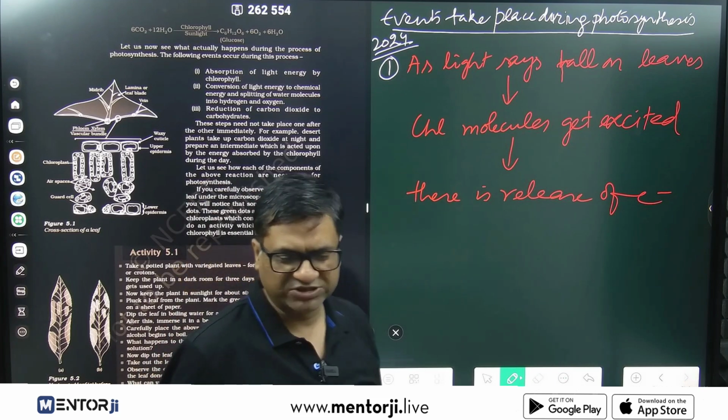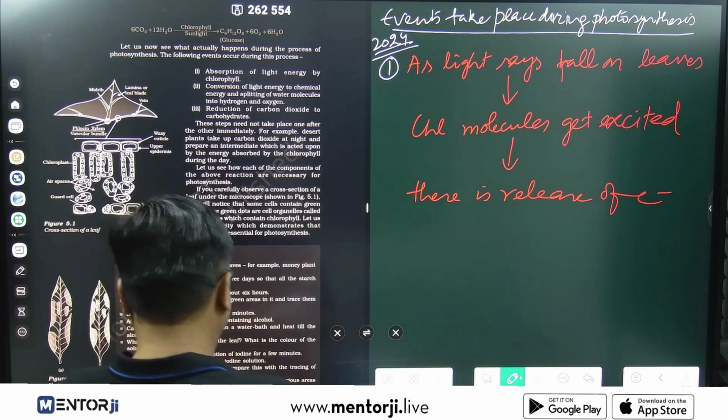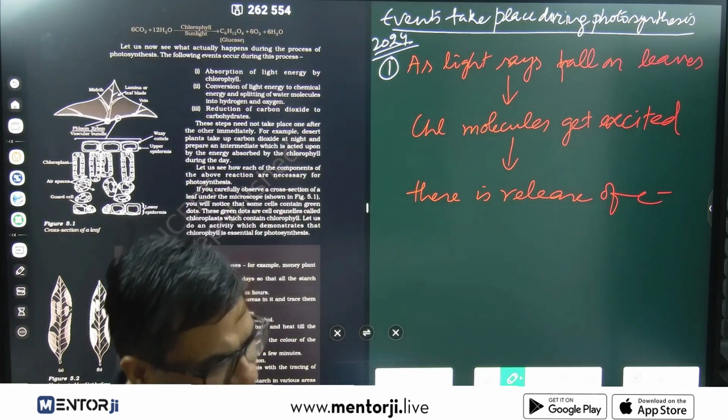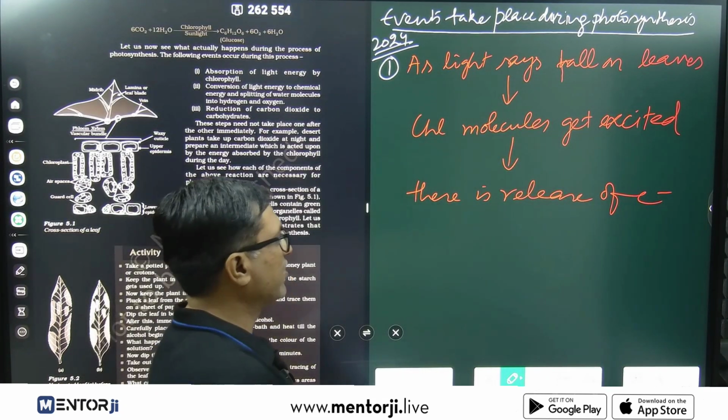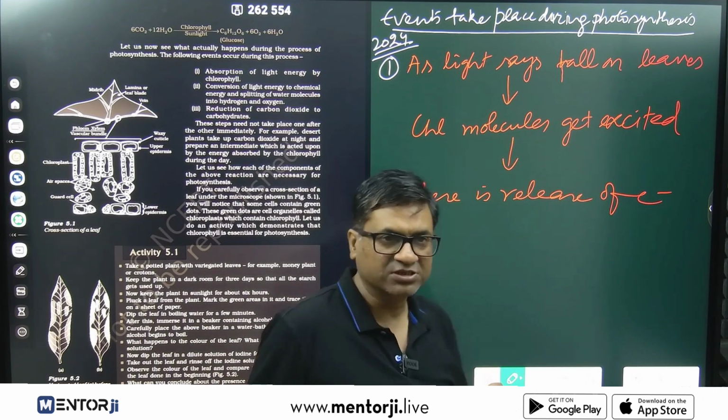So that is the first step. Chlorophyll molecules get excited and there is release of electrons. So here electrons will release.